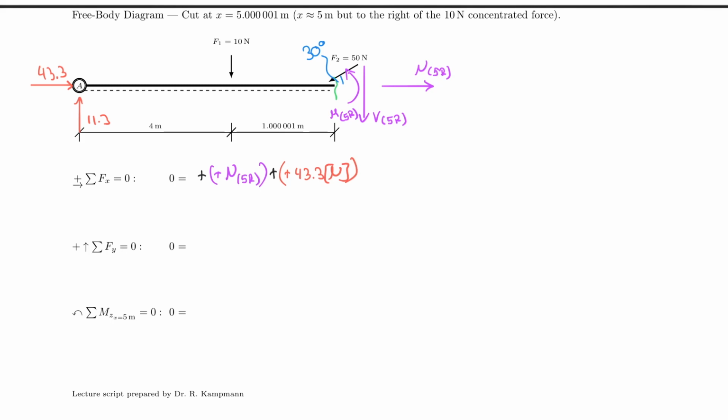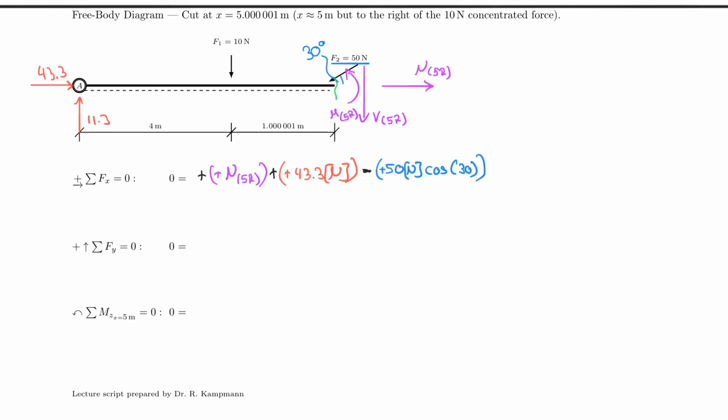And now I need to add actually this 50 Newton times the cosine of 30, right? So I have 50 Newton, multiply that by cosine of 30 to get the horizontal component, or the component that's parallel to the x-axis. And then I need to identify that this is positive in this direction, but it is negative because it points to the left.